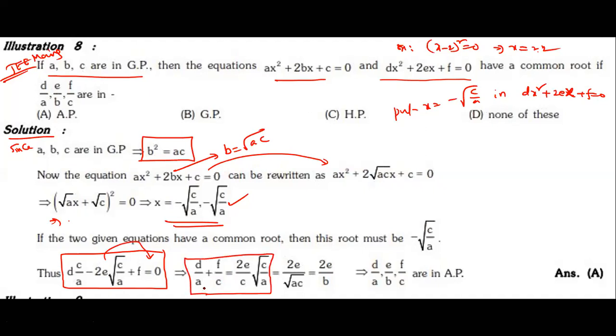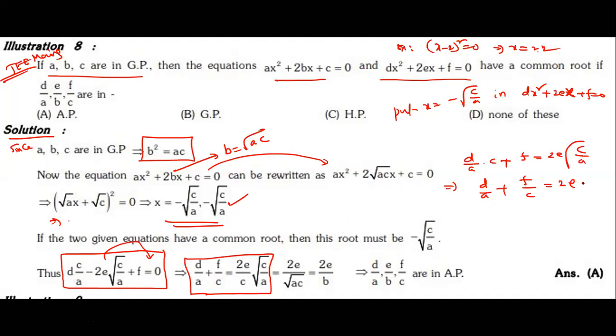This is the step now. Carefully. Both sides, I'm writing step by step. See, anyone, don't get confused. Look here. Dear students, both are divided by c. d by a plus f by c is equal to 2e into what?